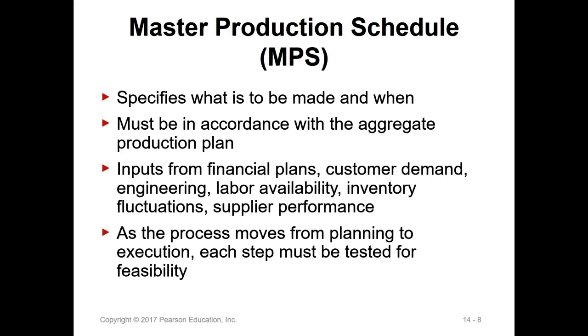For example, our textbook has a picture that shows the aggregate plan saying in January they only produce like 1,500 amplifiers, but they didn't tell what type of amplifiers will be produced.